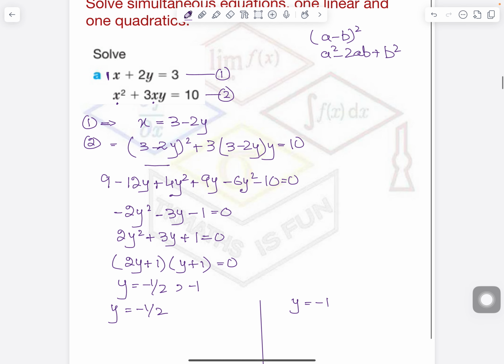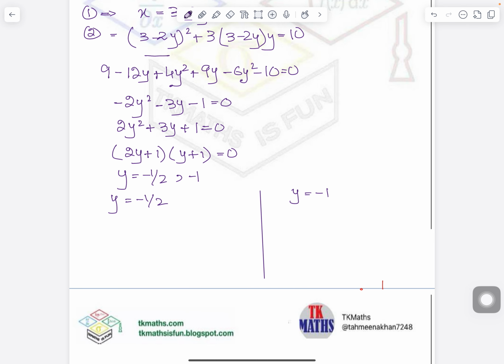So suppose I am using this equation. x equals 3 minus 2y, right? x equals 3 minus 2y. And here I will plug in this value. So I will get here x equals 4.